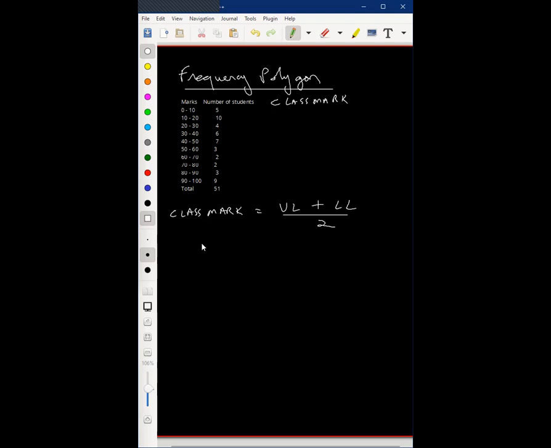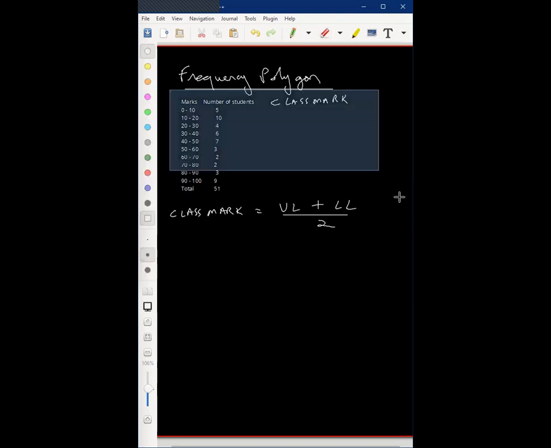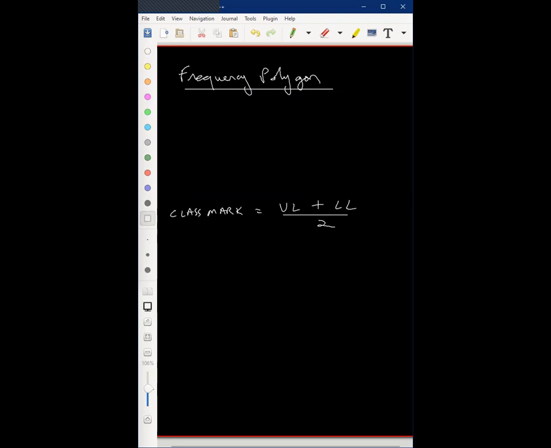Let's take another example. Let's remove this one. And I'll give you another table. Okay, so the total number of weeks and the cost of living index is given to us.